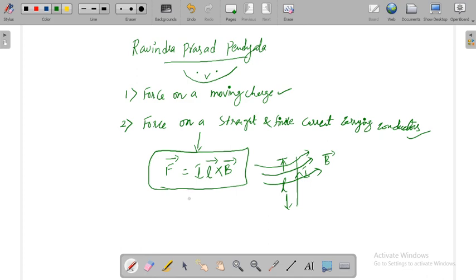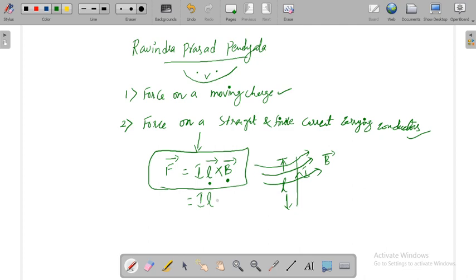If we expand this cross product, we know that A bar cross B bar can be written as magnitude of A, magnitude of B, sine of the angle between A and B. Here in place of A and B we have L bar and B bar, the length vector and the magnetic field vector.